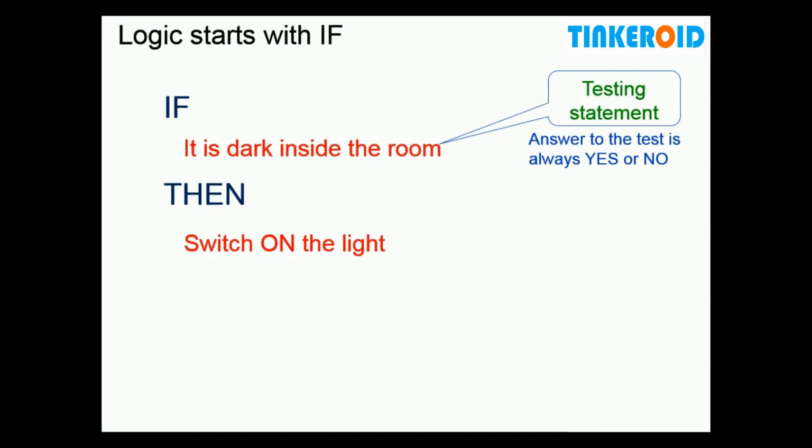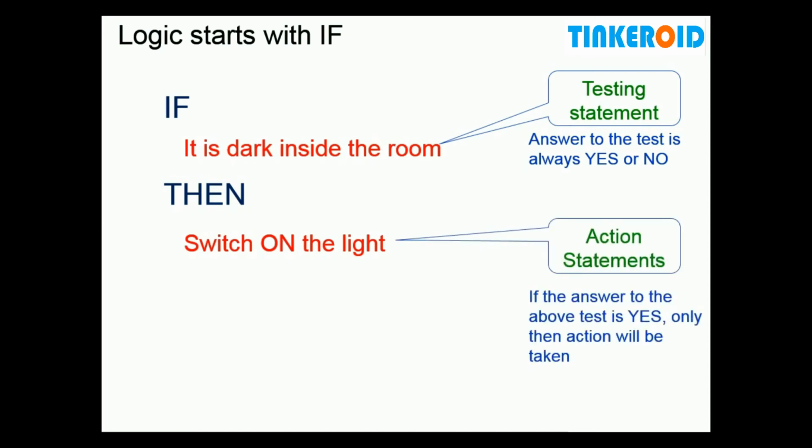If the answer is yes, then we have to do something. They are called action statements. Switch on the light is an action, and this action happens only if the answer to the testing statement is yes. If the answer is no, then the action will not happen.